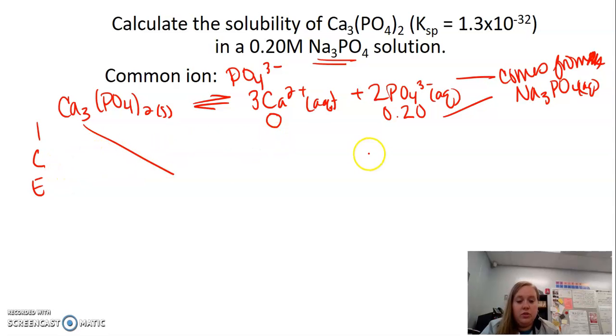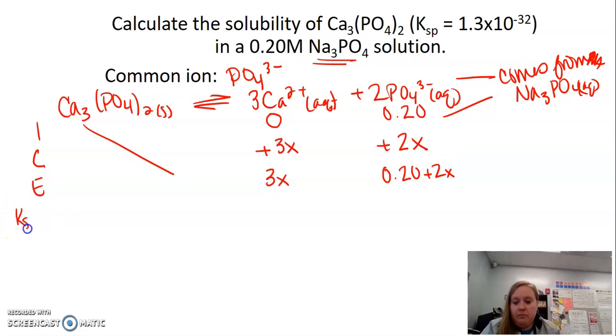So our equilibrium is going to shift to the right, and so we have plus 3x here and plus 2x there. Add these together to get our equilibrium concentration. So we have 3x here. We have 0.2 plus 2x here.